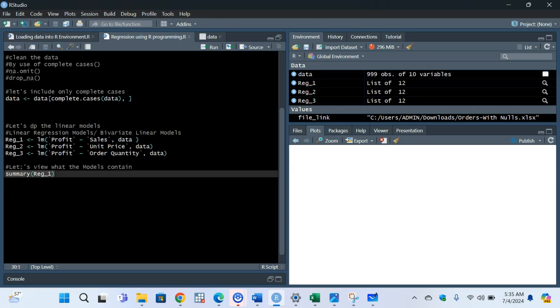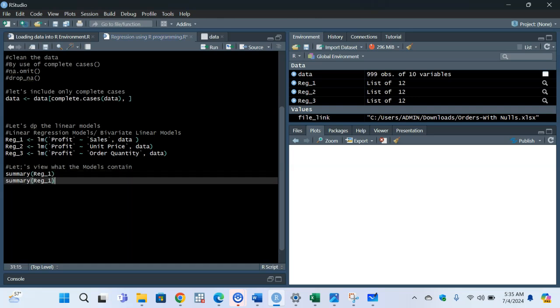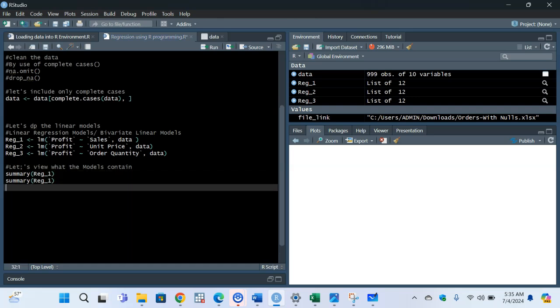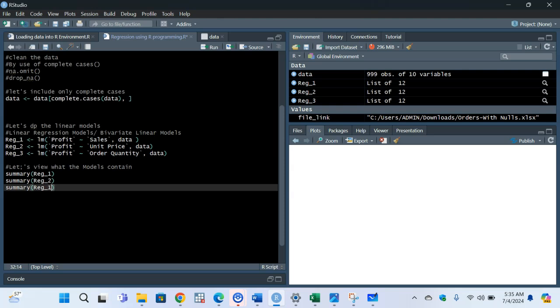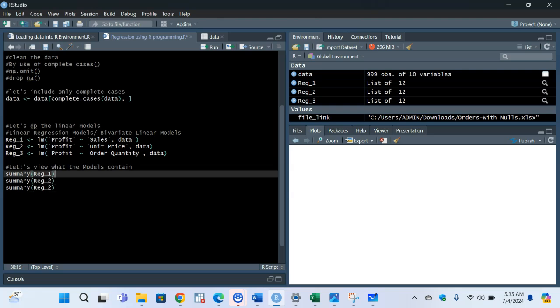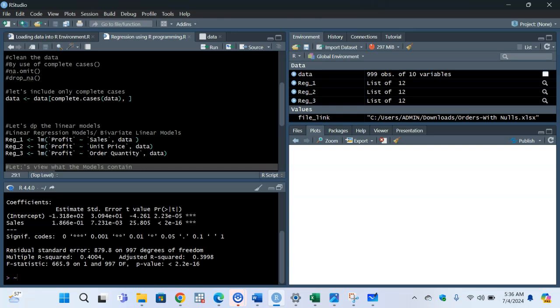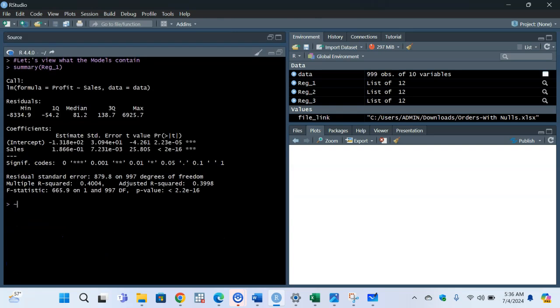Perhaps copy and paste. Okay. So here it's regression model 2, and this is regression model 3. So let's run one model at a time to see what each model contains. We run that. So this is model 1. We're running profit against sales. Our data is data, definitely. So this is what we have. The coefficients is what we're looking for.